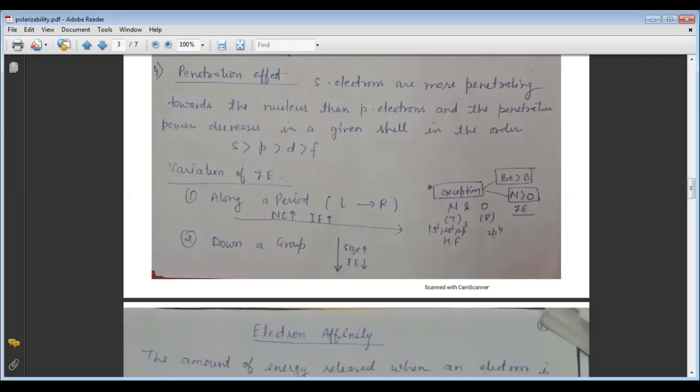So we can see that in nitrogen there is a half filled orbital, and due to the half filled orbital there is high stability, so the ionization energy is also high here. Okay.